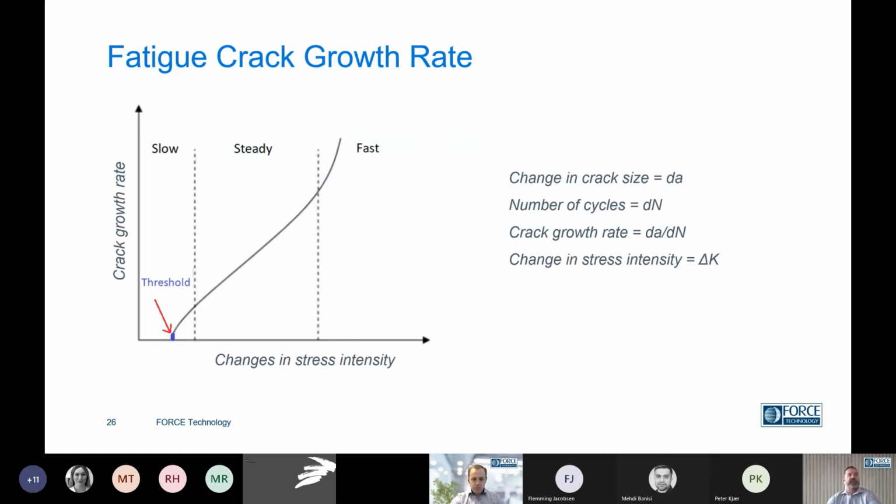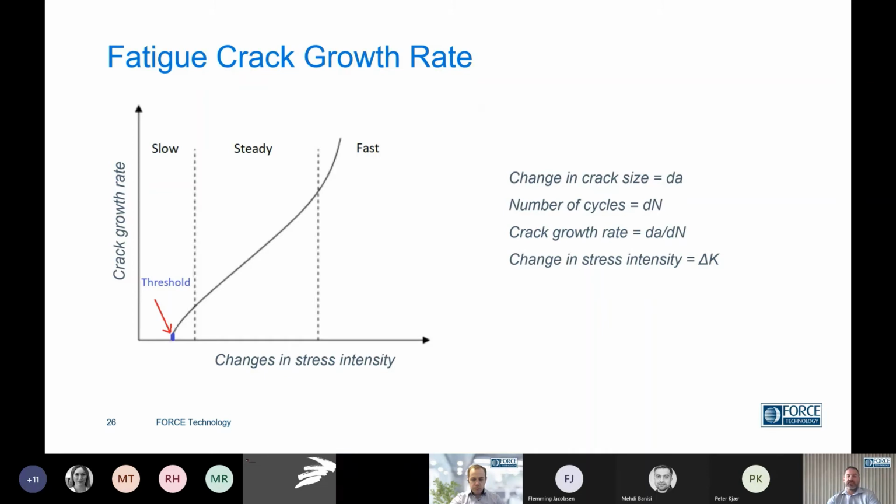If we look at this graph, or this curve here, we see there's slow, steady, and fast. And what that tells us is that in the beginning, crack growth will be slow, then the crack growth will be steady, and then towards the end, the last phase, it's going to be very fast.